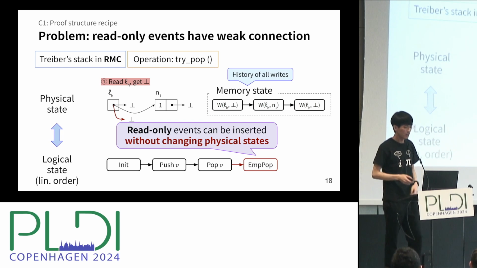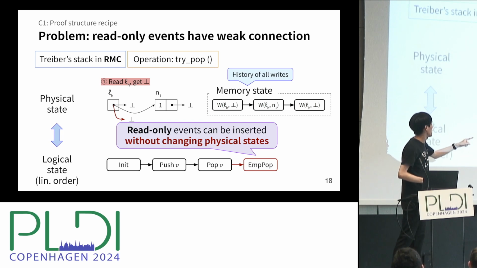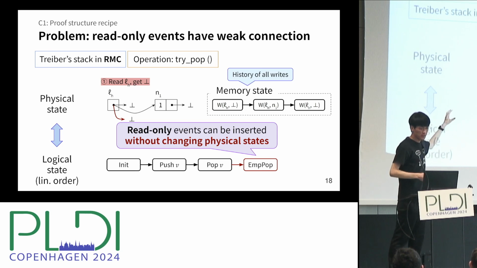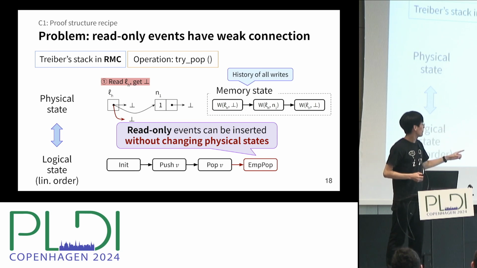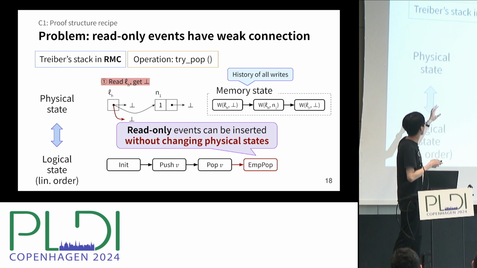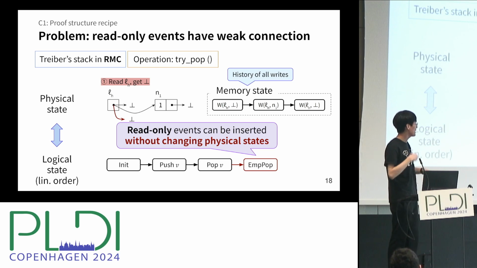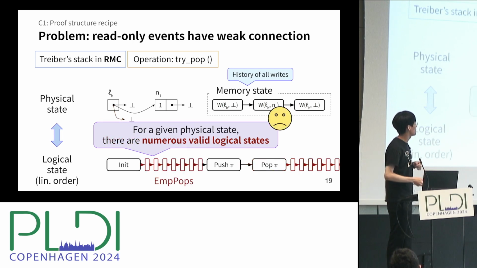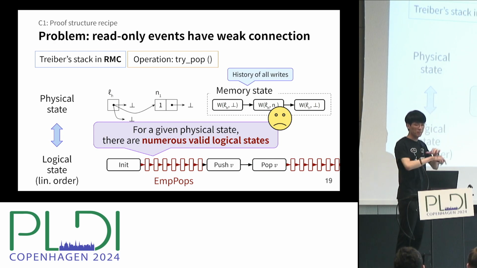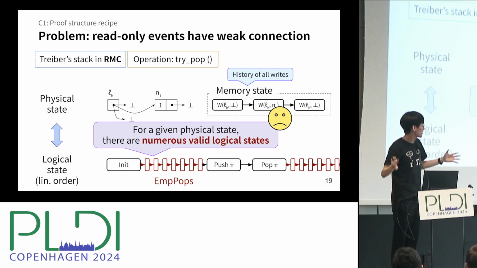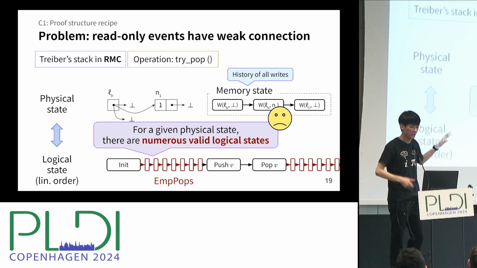This means that read-only events can be inserted without changing the physical state. In other words, read-only events have only a weak connection to the physical state. And this weak connection is the main enemy in proof simplification, because for a given physical state, there can be a lot of valid logical states that contain lots of read-only events. So this is the main problem that we want to solve for the first challenge.